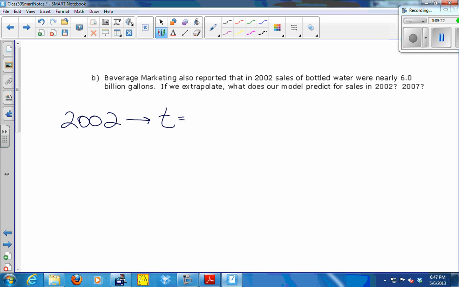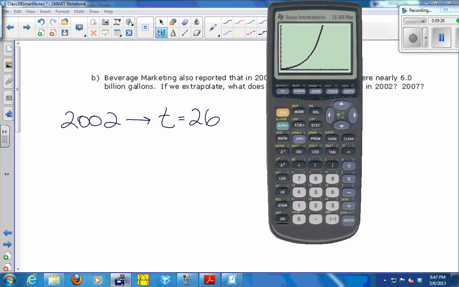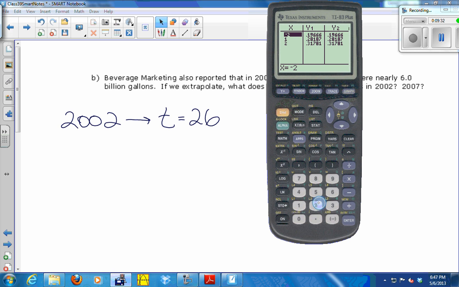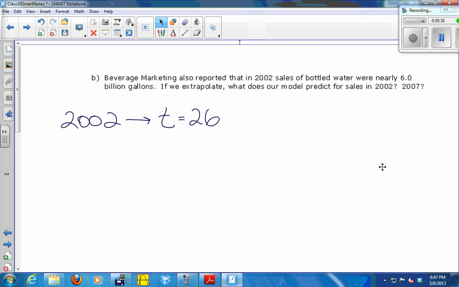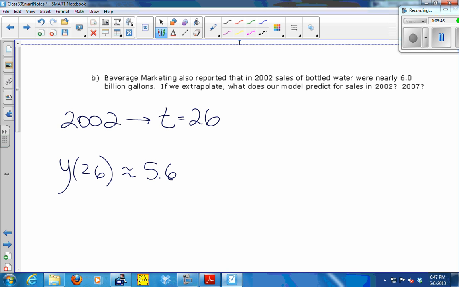T equals 26. Okay, so let's plug t equals 26 into either of my two models because they are the same. So I'm just going to go to my table, type in 26 years, and I get 5.66 billion. So y of 26, approximately 5.66 billion gallons.